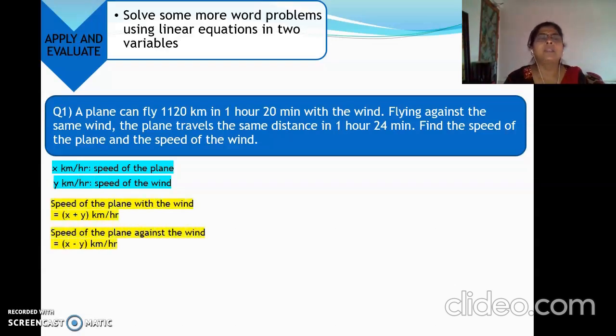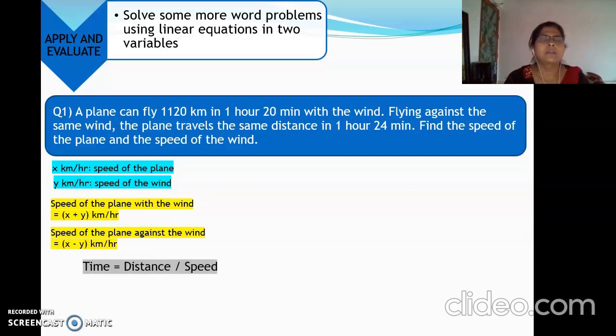Now when the plane is moving in the direction of the wind, the speed will increase and become x plus y km per hour. And the speed of the plane against the wind will be x minus y km per hour. This is similar to the sum we saw just now, the boat traveling upstream and downstream.